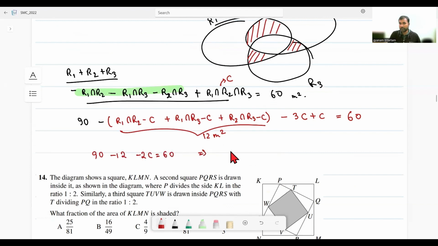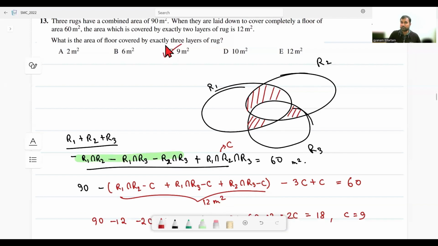Bring everything to one side. So we get 90 minus 60 minus 12 equal to 2C, which gives 30 minus 12 is 18. So C is going to be 9. That's the 3 rug common area, and this is 9.